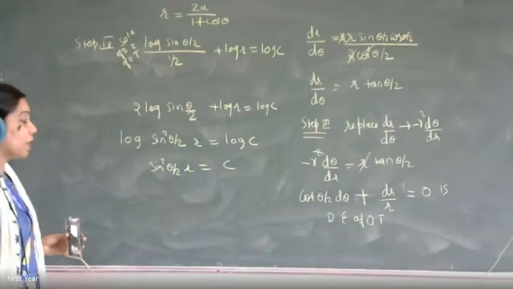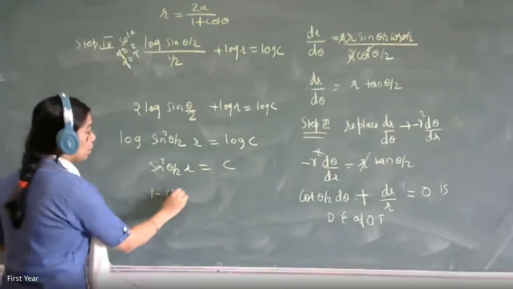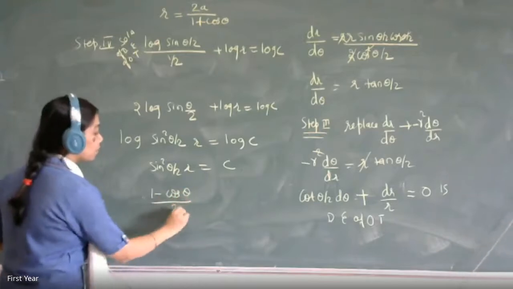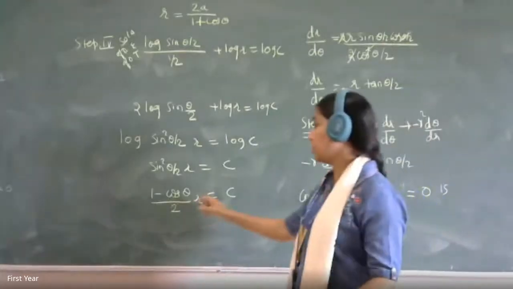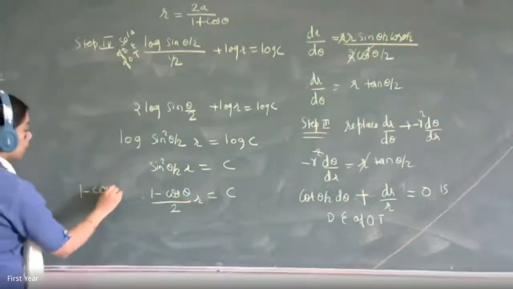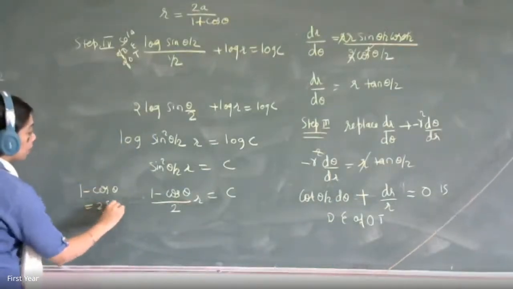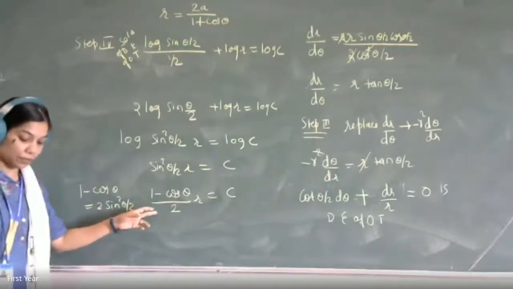Now tell me, what is sine square theta by 2? 1 minus cos theta divided by 2. Using the identity, 1 minus cos theta is equal to 2 sine square theta by 2, we get this. Is this clear to everyone?